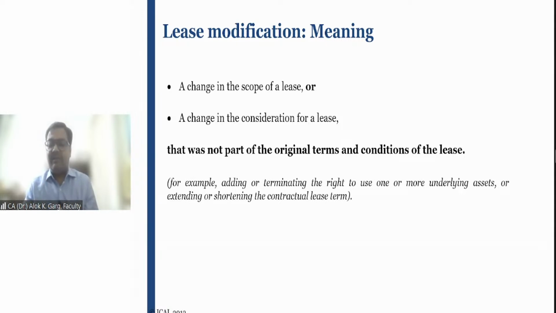Now, since my requirement has increased, I am telling my lessor, please give me this fourth room as well, right? So, of course, the scope of the lease has increased, the area has increased. So what is meant by modification? Modification means a change in the scope of the lease or a change in the consideration of the lease, right?